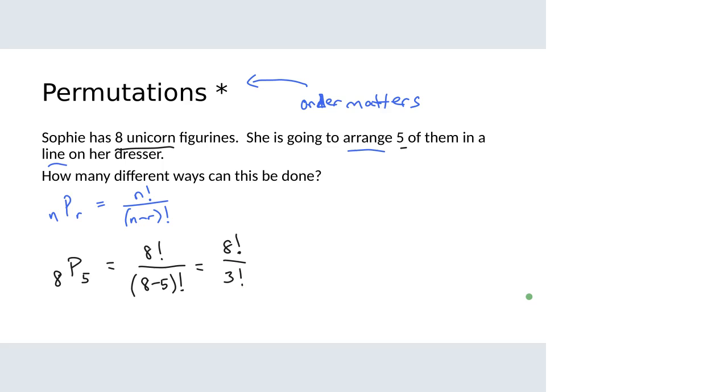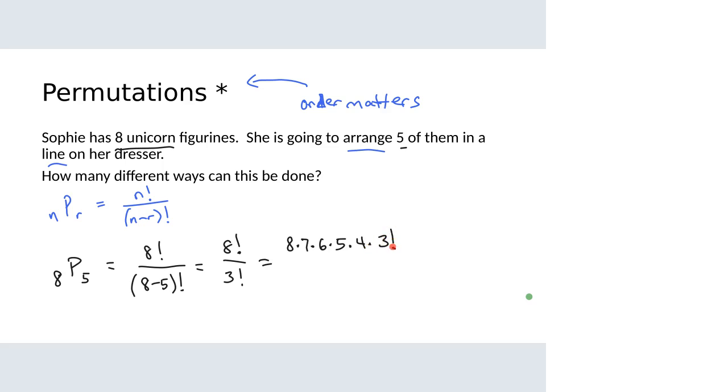And now I'm just going to rewrite that 8 factorial on top. As I do that, I know I've got this 3 factorial in the bottom, so when I get there, I'm going to stop. So it's going to be 8, 7, 6, 5, 4, 3, 2, 1.